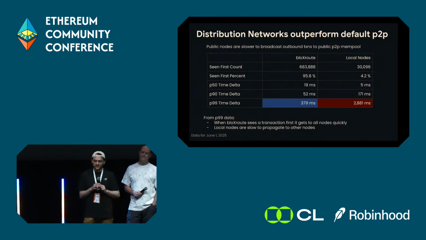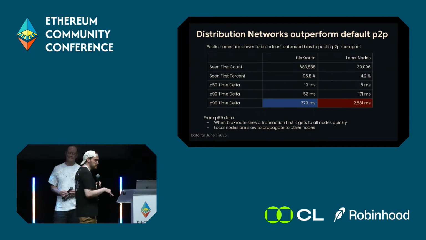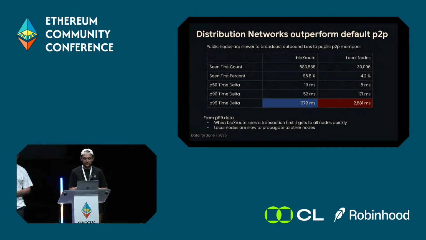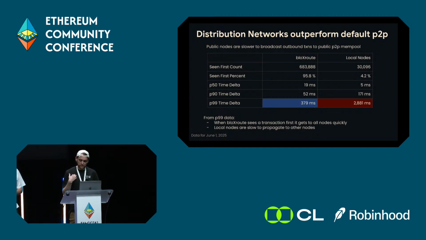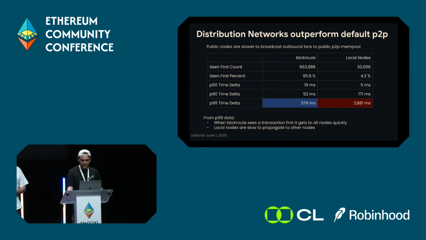So if you distribute a transaction over Bloxroute, it will get on average, and also in the long tail, much faster into the P2P networks than if I got it from my node in Zurich at my home, right? And it would be even worse if my home wouldn't be in Zurich, but in, I don't know, Buenos Aires.